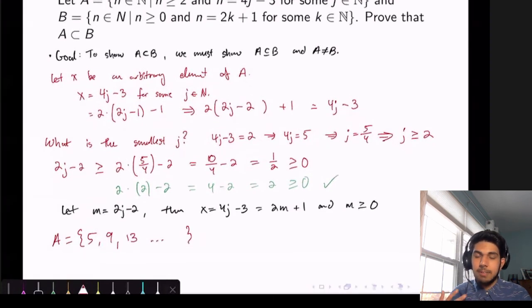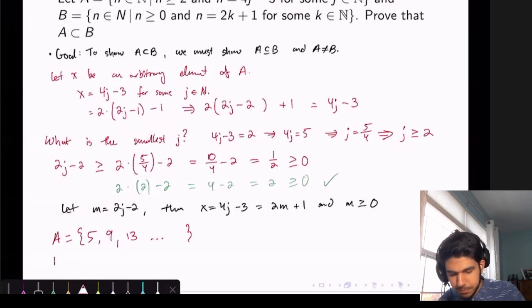Let's start enumerating some values for B, and hopefully we'll find one that's not included.